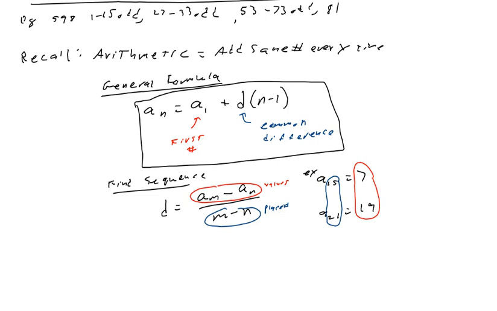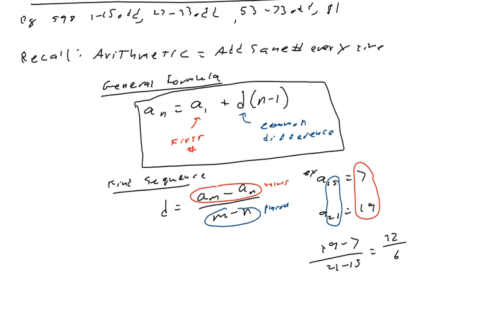And so we would say, okay, 19 minus 7 over 21 minus 15. 19 minus 7 is 12, divided by 21 minus 15, which is 6.